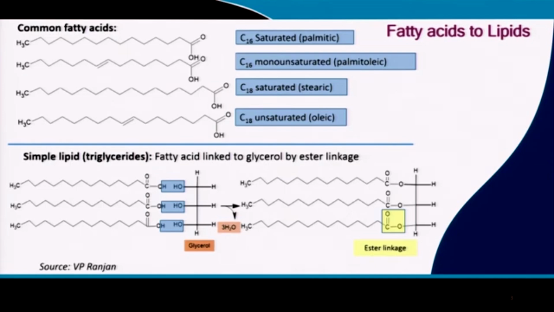Archaea do not have ester linkages between the fatty acid and the glycerol molecule. They have ether linkages. So it's a biomarker to differentiate these types of bacteria. They're all bacteria, they're all prokaryotes, but we have archaea bacteria and the regular normal bacteria.